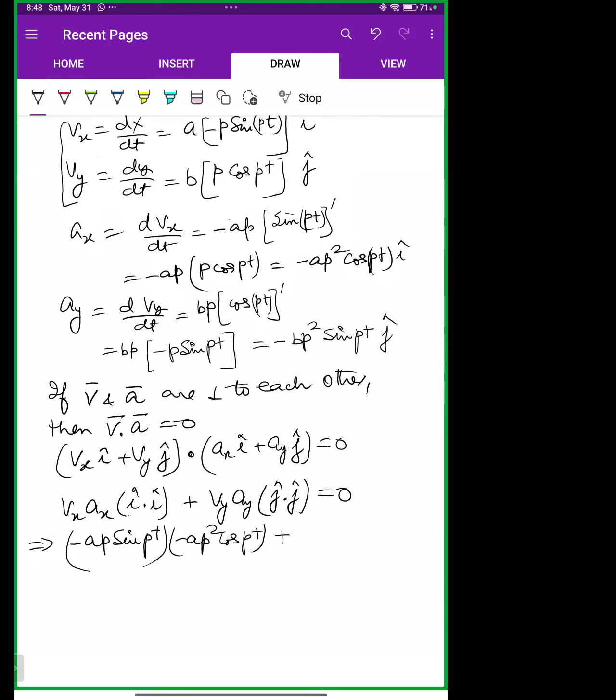Vy is BP cos PT. And Vy. Then Ay. Ay is minus BP square sin PT. And the whole thing is equal to 0.